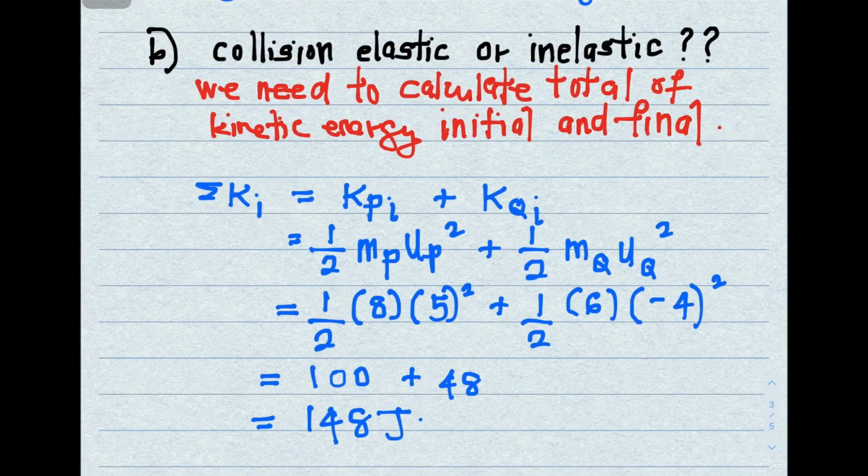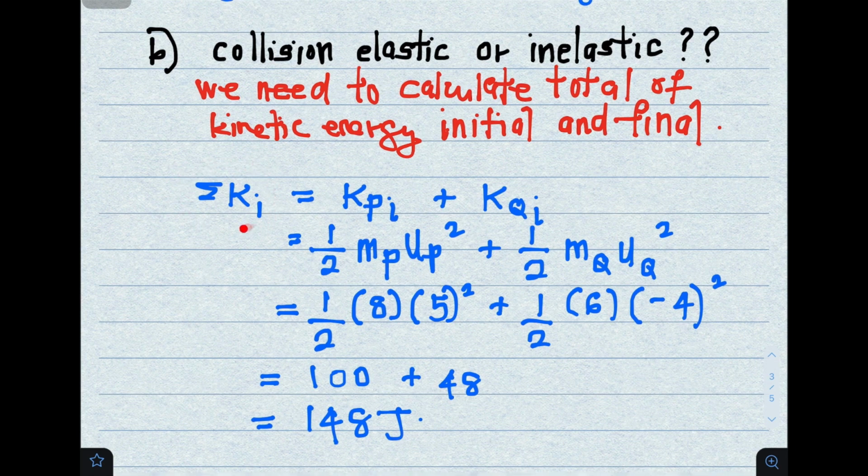For question B, you need to show whether the collision is elastic or inelastic. To show this, we need to calculate the total kinetic energy, initial and final. Here I will start by calculating the total kinetic energy initial.